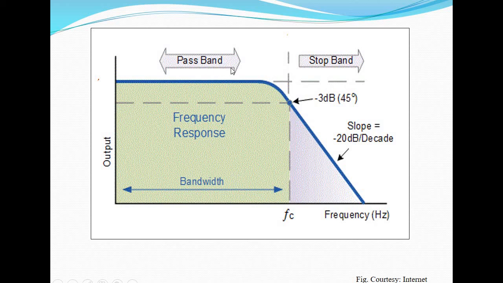From this point onwards there is a stop band. So frequency from this point to this point will be passed in the pass band, and frequency beyond this point will be in the stop band, so it won't be allowed to pass through the filter. So this is how the low pass filter works.